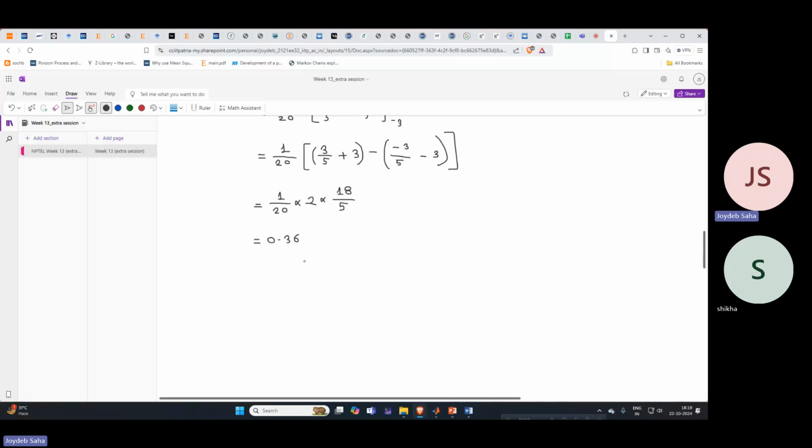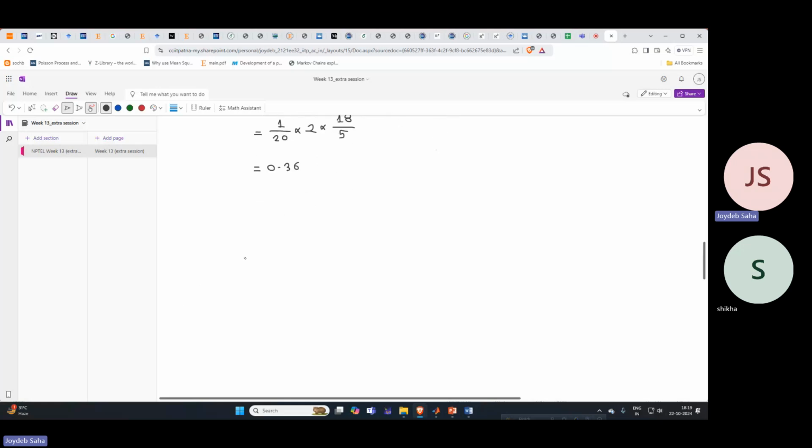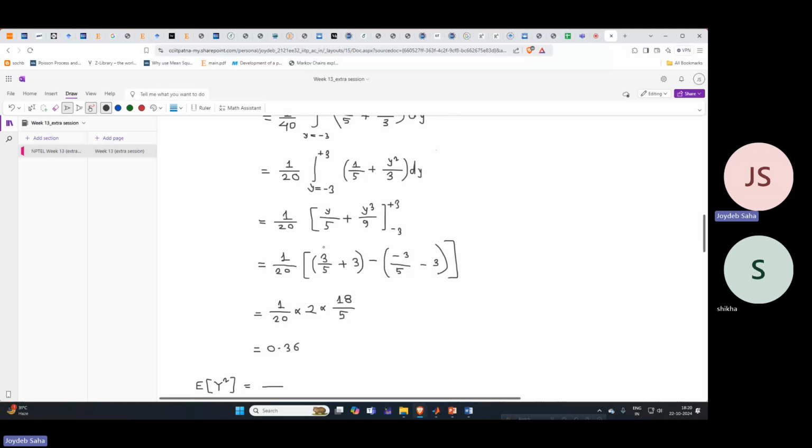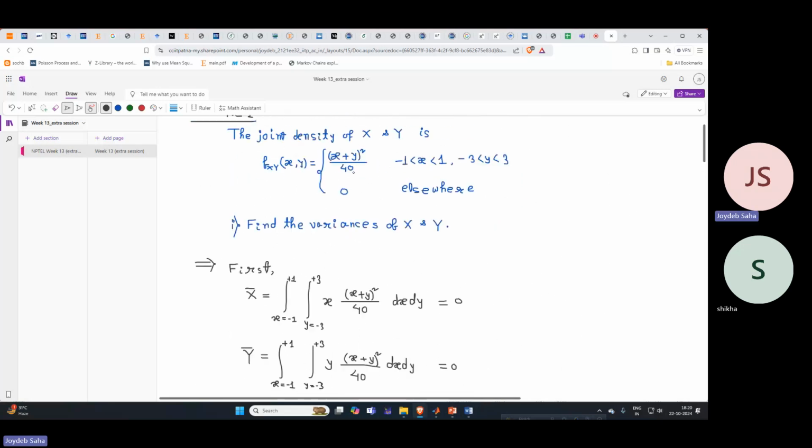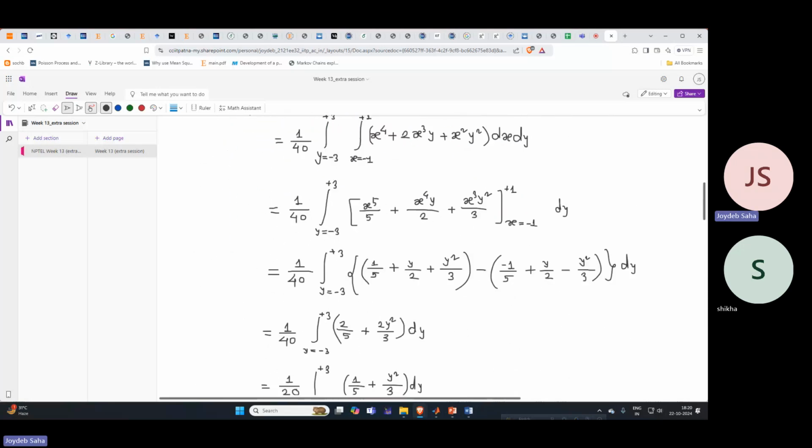Okay, now in the similar manner we will calculate expectation of y square. So this is again x plus y whole square upon 40, right?